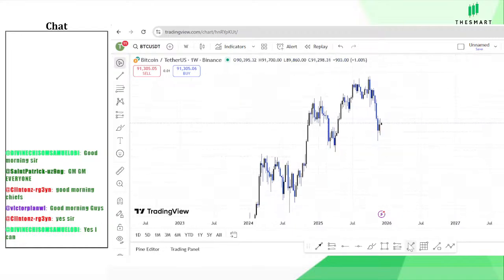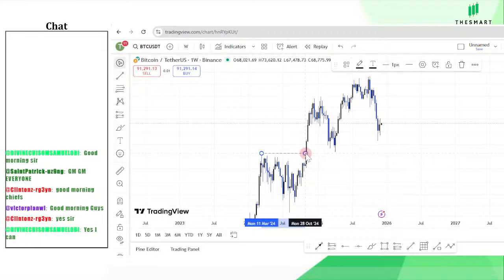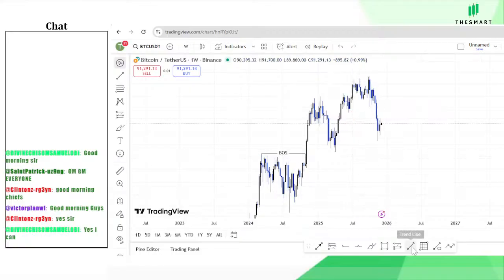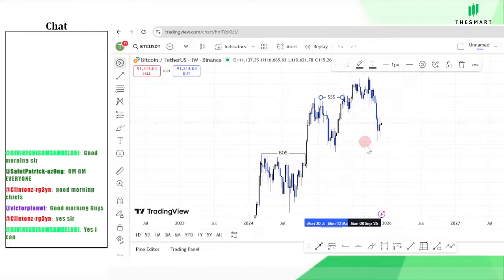Okay, so here on BTC, we had a break here on the weekly level. At this point, we had a sweep, meaning liquidity was taken out.